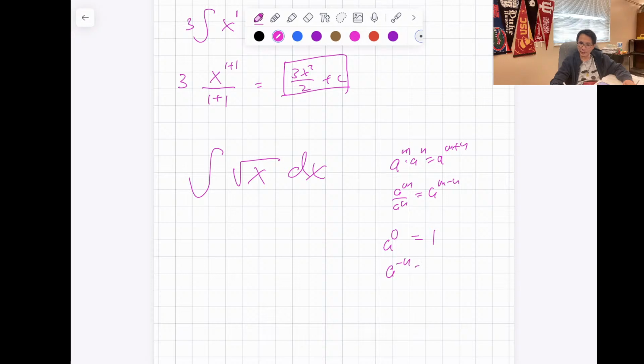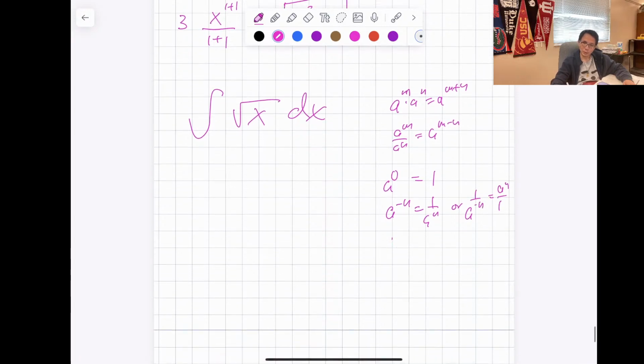Anything to the negative n is equal to 1 over a to the n, or 1 over a to the negative n equals a to the n over 1. This is a very important rule. A to the m to the n is equal to a to the m times n. I'm just writing down all the exponent rules. You're supposed to know all this already.